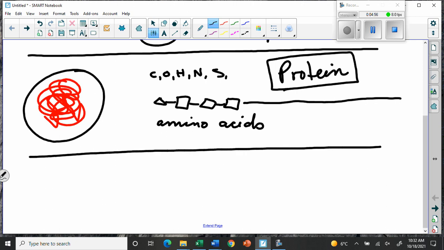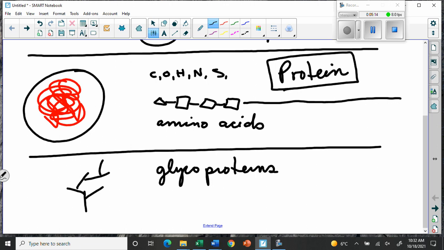And then we're going to draw some little stick figures, things like this with little tree branches that stick out in various ways. And these are going to be called glycoproteins. They're going to stand for two things, what we call lipoproteins. Now, again, we don't have to get into the detail of what this is. Here's what they are.